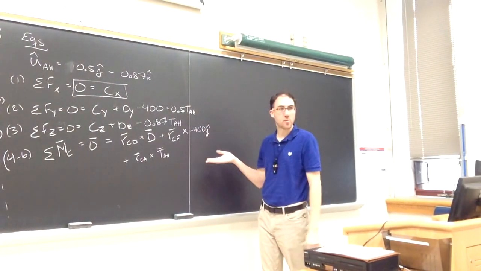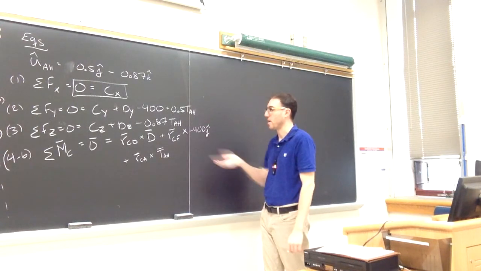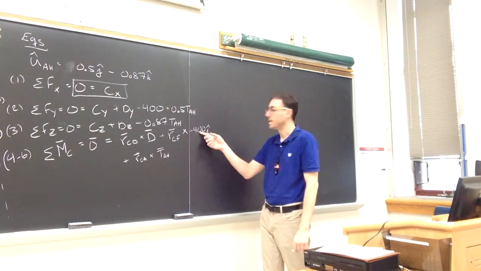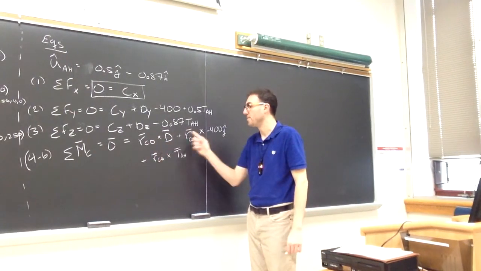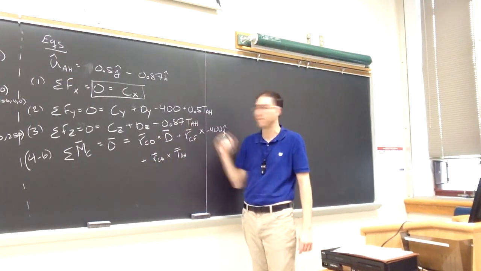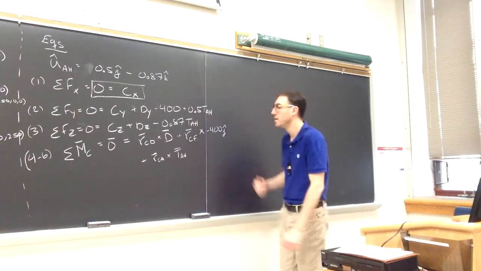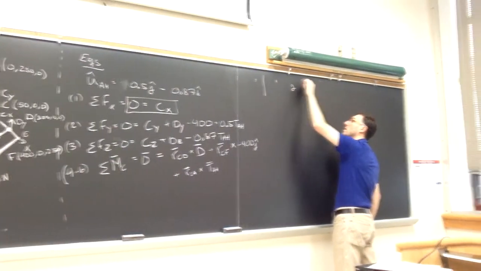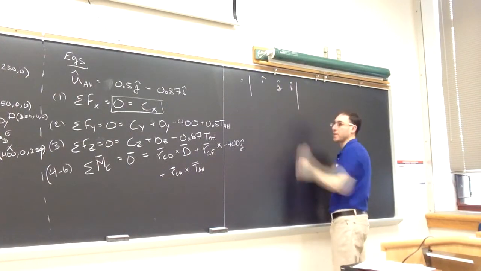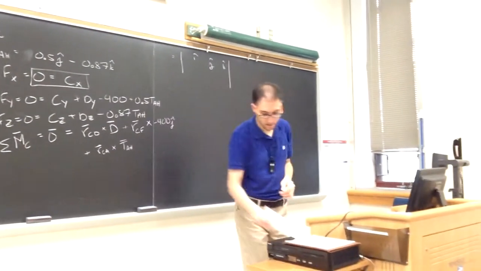Unfortunately, this is 3 cross products that we have to go through here. Some of them are easier than others since this only has a j component. These position vectors, some of them only have zeros for some of the components, so it's not too bad. So quickly, I'll just write out these 3 cross products.